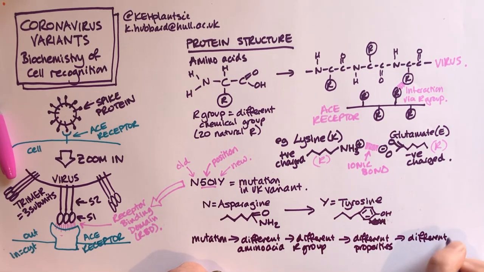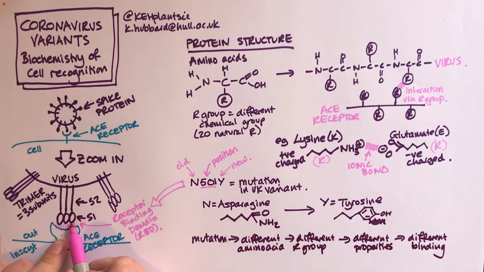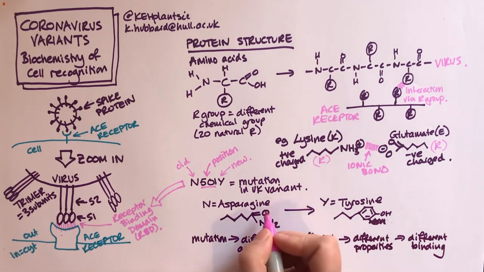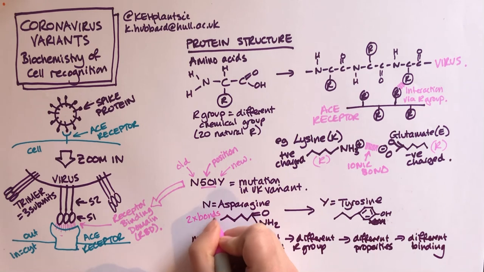And what that results in is different binding of the protein. Remember, we're talking about this point where the S1 protein is talking to the receptor. With the old version of the R group, there are 2 bonds to the ACE receptor.